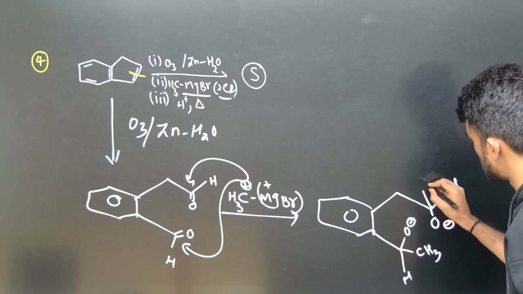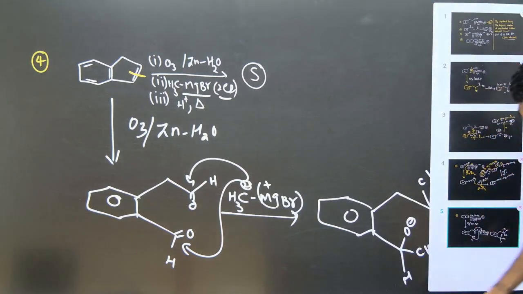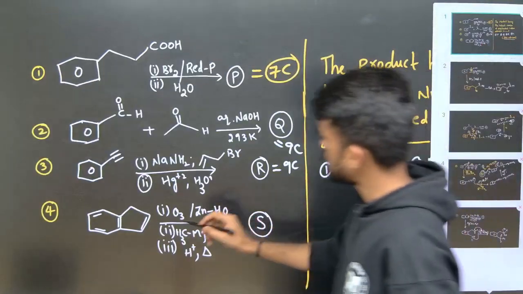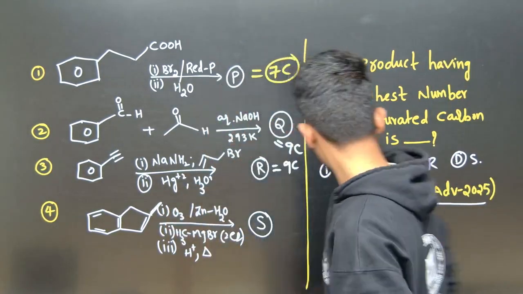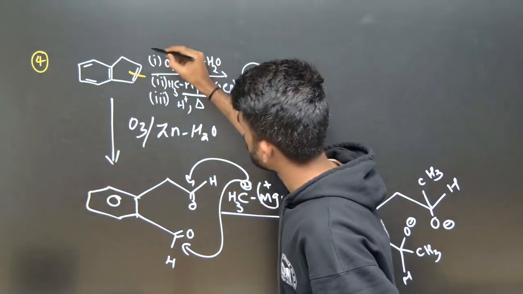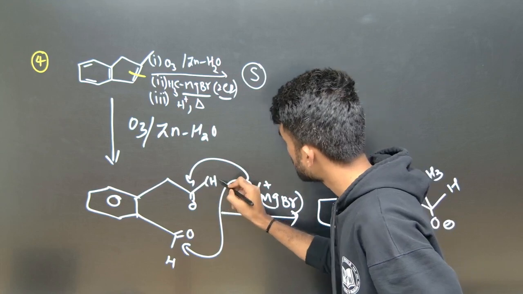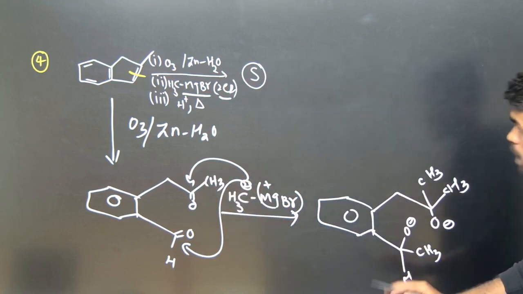Here also methyl attack takes place. Let us look at the question. In the question it is mentioned there is one methyl group at the second position. So in our product also one methyl group should be there. So here we have 2 CH3 groups. Fine, up to here it is done.